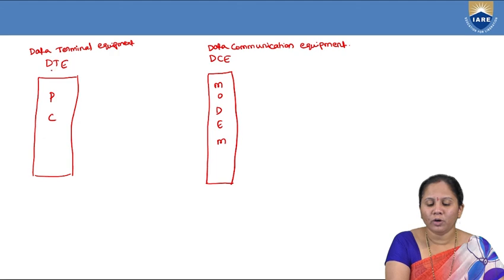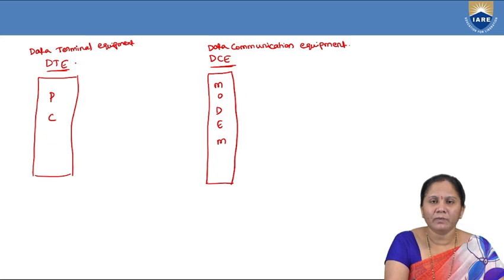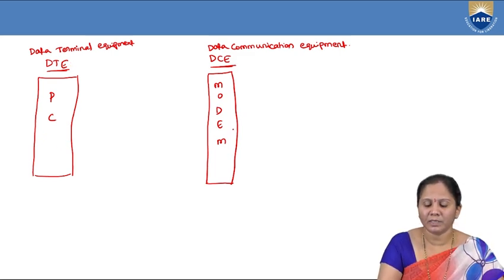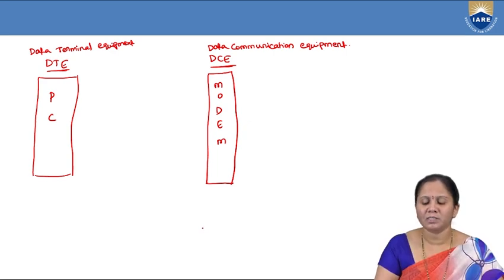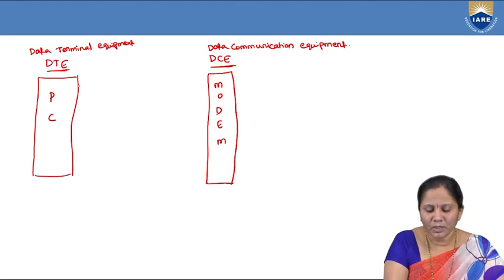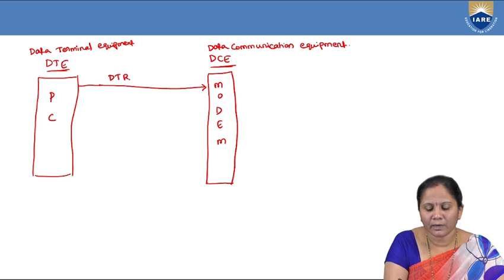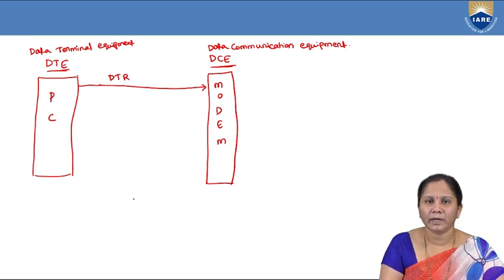So here, in order to have communication between this DTE and DCE devices, for example, the DTE device we have considered is a personal computer, and the DCE device we have considered is a modem. In order to have communication between this PC and modem, first, one signal will be sent from the PC to the modem. What is that? It is DTR, that is data terminal ready.